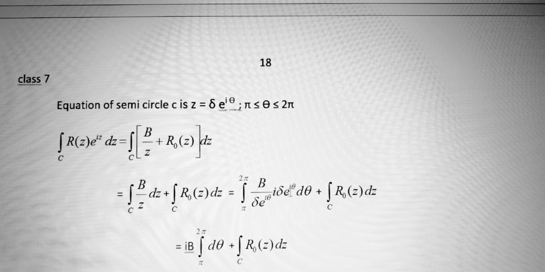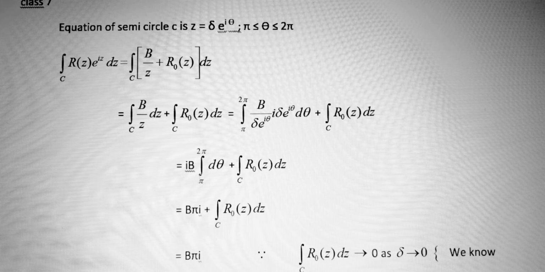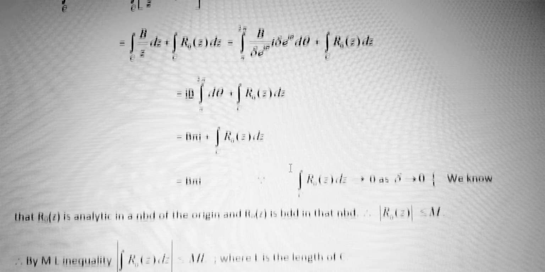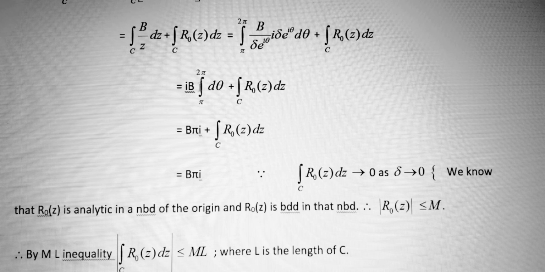Therefore, delta e raised to I theta is cancelled. Therefore, this can be written as integral pi to 2 pi b by delta e raised to I theta into I delta e raised to I theta d theta plus integral over C r naught of z dz, which is equal to, if this is cancelled, I b into integral pi to 2 pi d theta plus integral over C r naught of z dz, and this integral is pi.